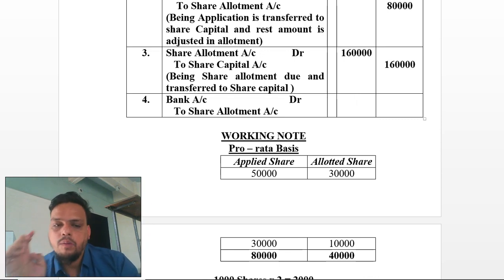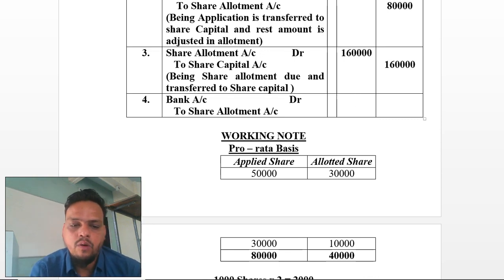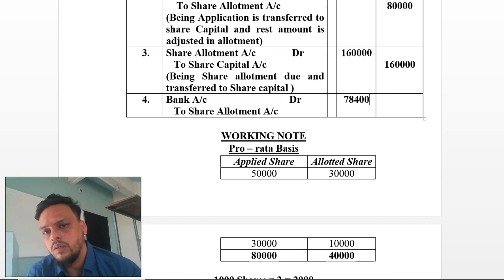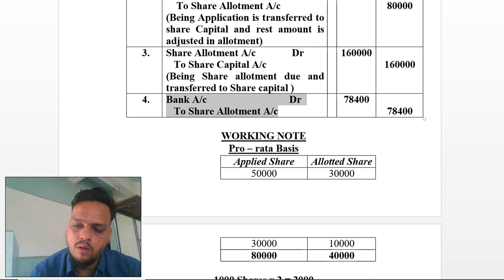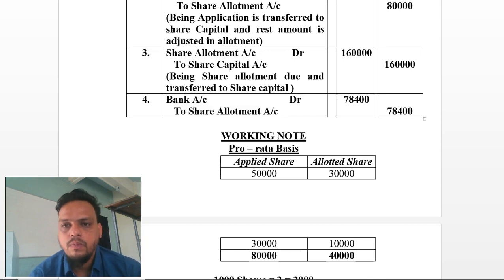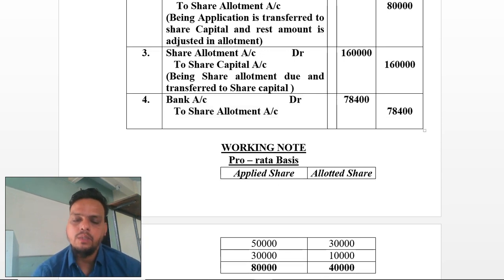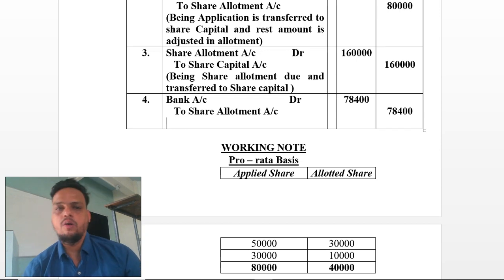What amount will be received by the organization is 78,400, and 1,600 rupees is called in arrears. So I'm not mentioning the calls-in-arrears account over here because in the question it is not said that you have to mention the calls-in-arrears account. So this much amount has been received by the organization.